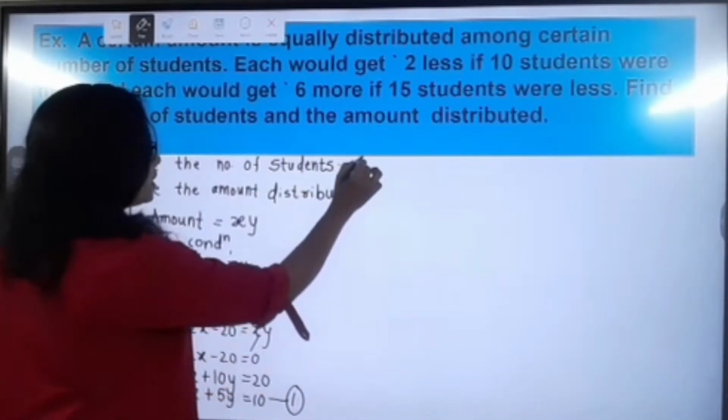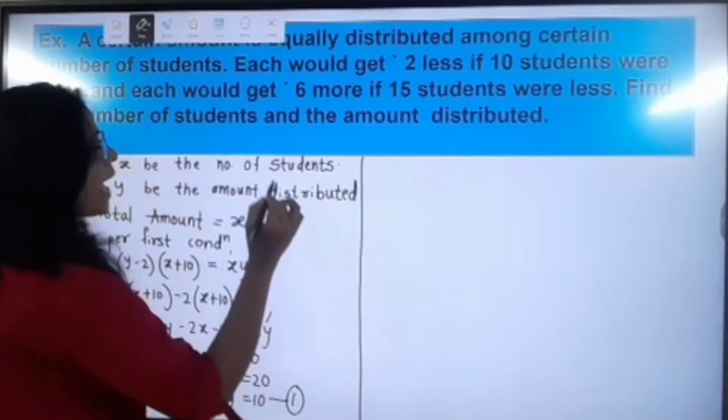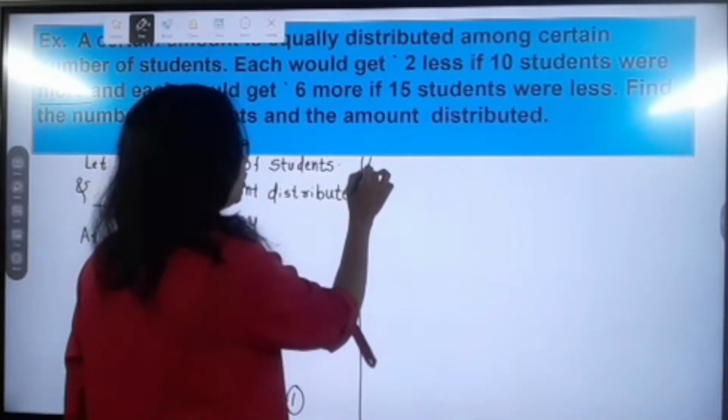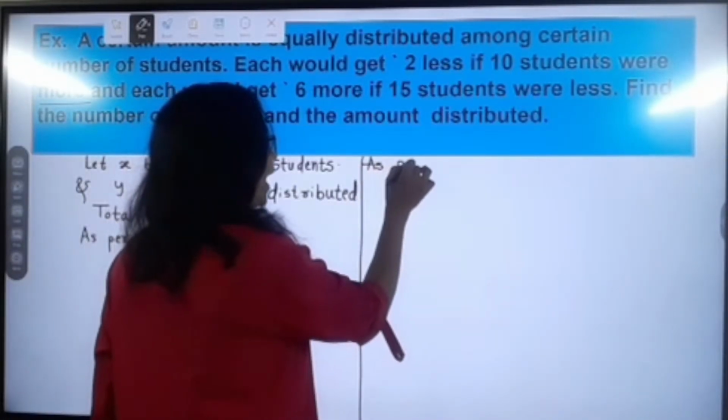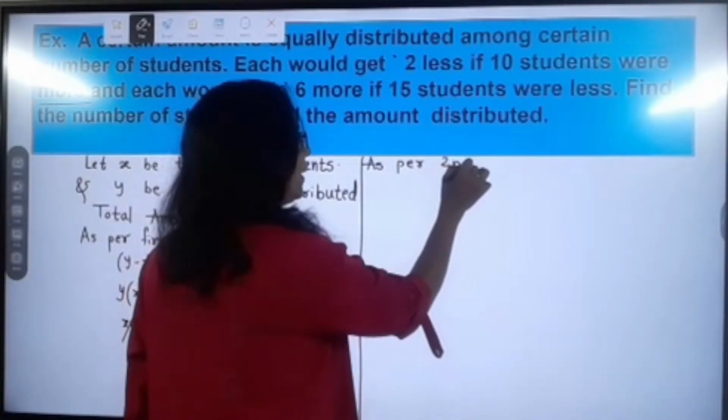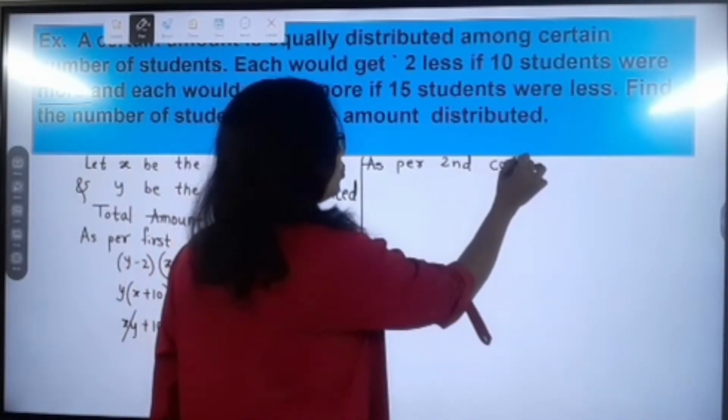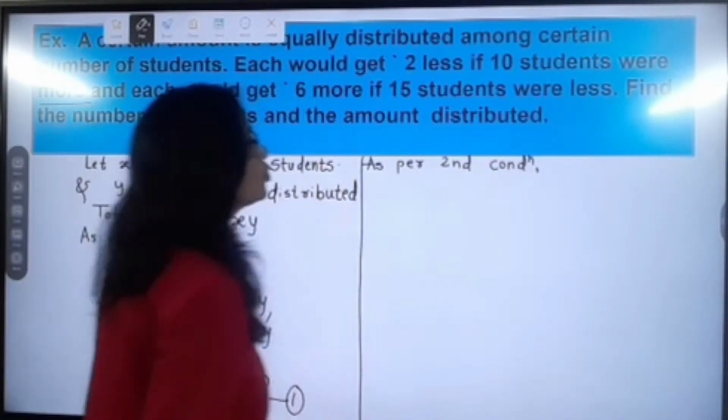Now the second condition. What is the second condition here students?